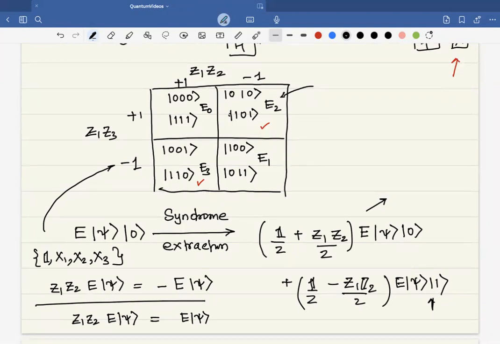And therefore, this will vanish. And the measurement result will be a 0, right? And you can do the similar analysis for the operators Z1, Z3.